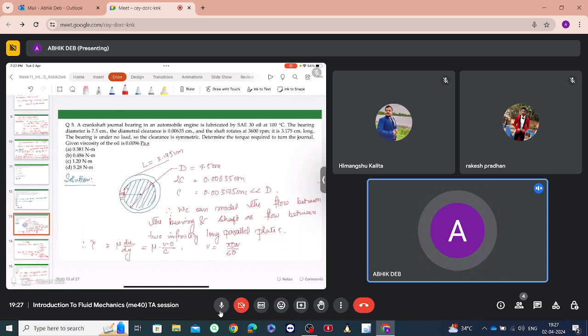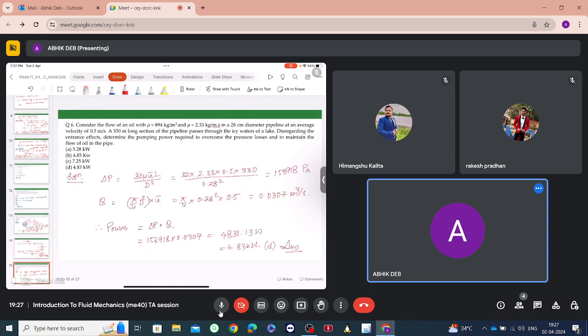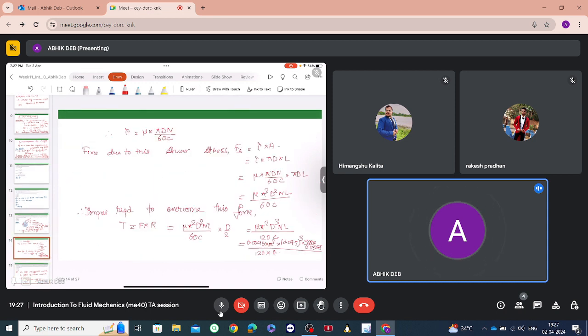Clearance is this one in centimeters, so it will be 0.00003175 in meters. So if we put the values, what do we get?